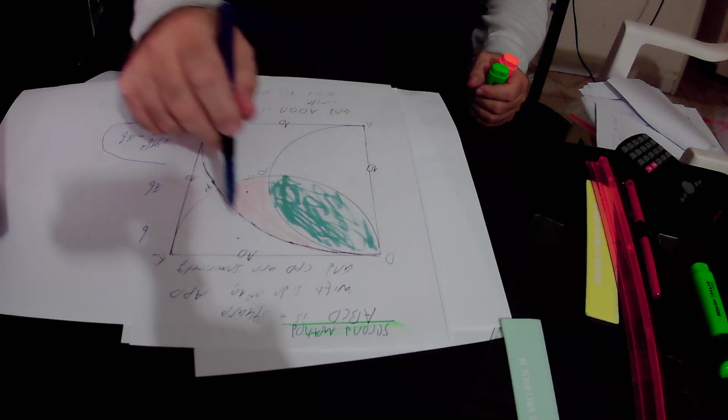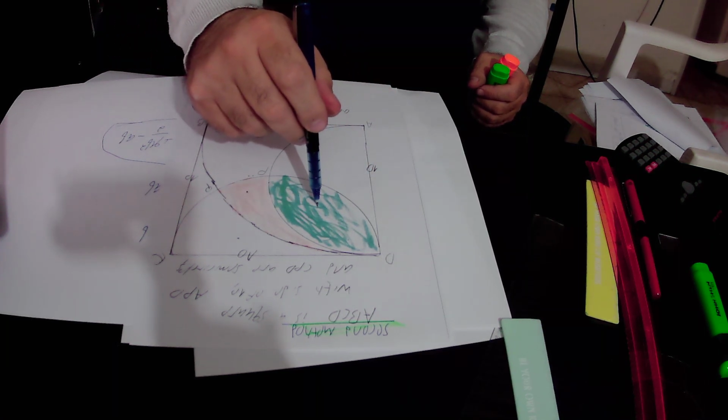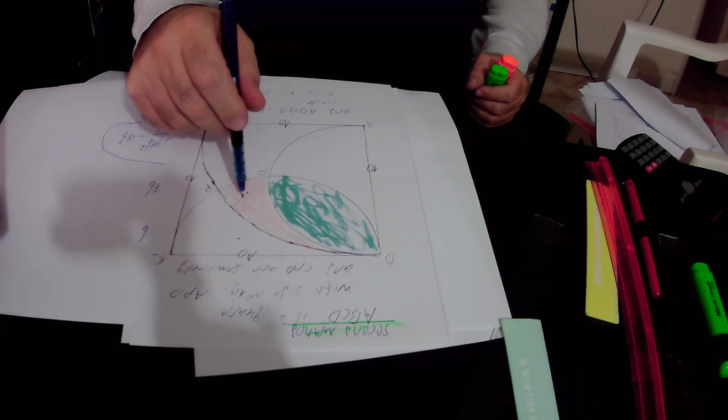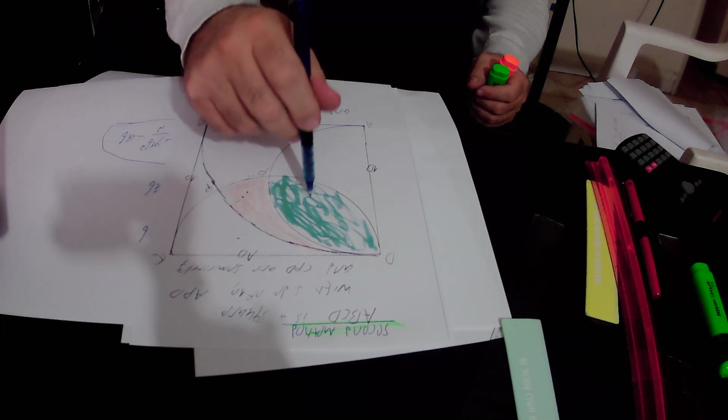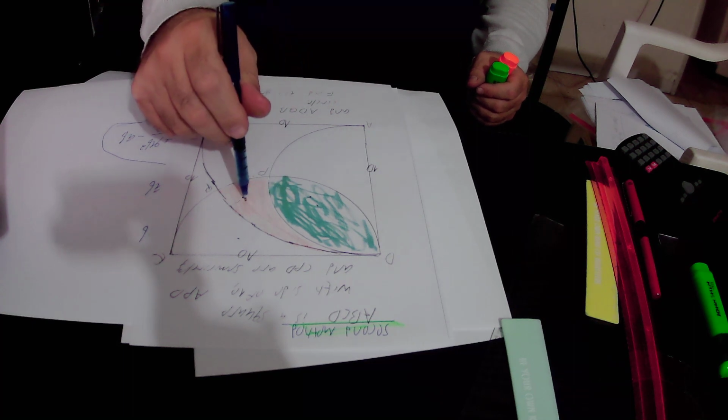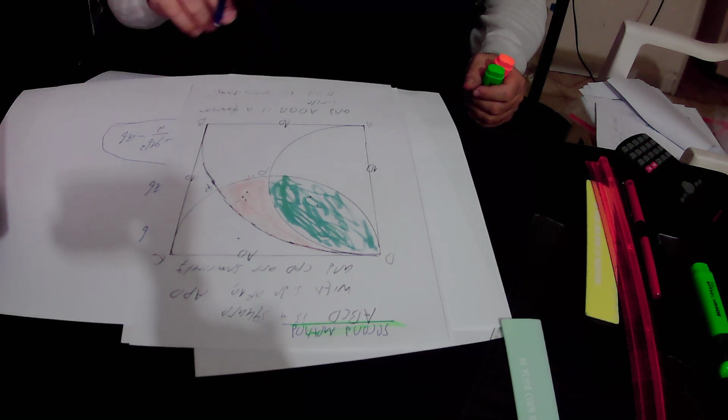Again, the area of the big lens is composed of the area of the blue lens plus the area of the orange shape, so minus the area of the blue lens will give us the area of the orange shape.